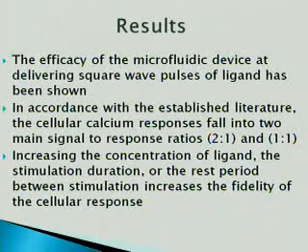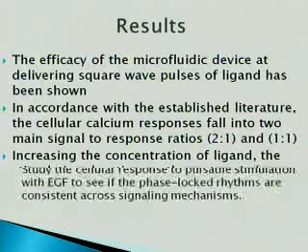And in accordance with the established literature, the cellular calcium response falls into 2 main signal-to-response ratios, 2-to-1 and 1-to-1. And while holding the other two parameters constant, increasing the concentration of the ligand, the stimulation duration, or the rest period between stimulation increases the fidelity of the cellular response and allows us to see more one-to-one signal-to-response ratios.